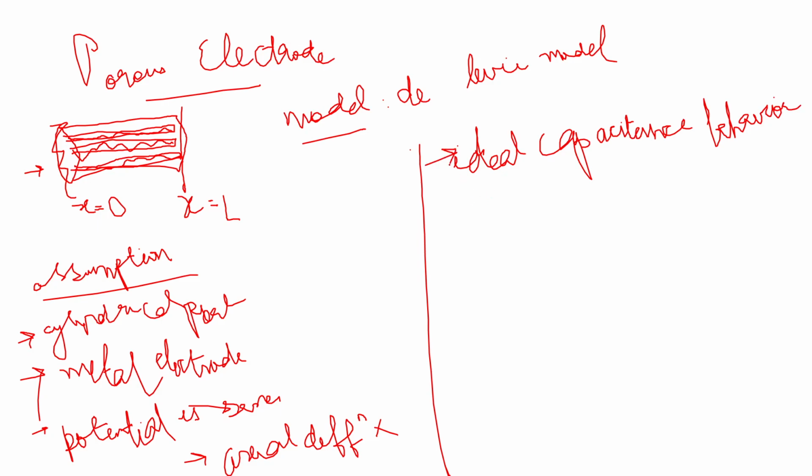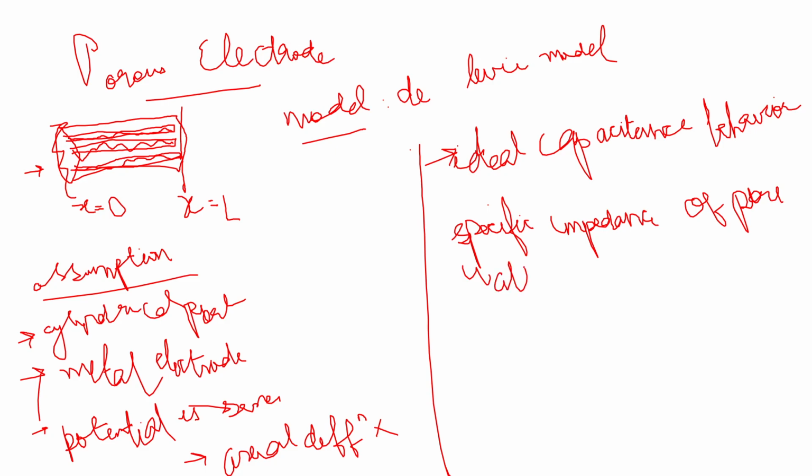There's also another consideration: across the pore it's only ideal capacitor behavior, there's no CPE effect. So in that case, what will be the specific impedance of the pore wall electrolyte interface, that is at x equal to 0?